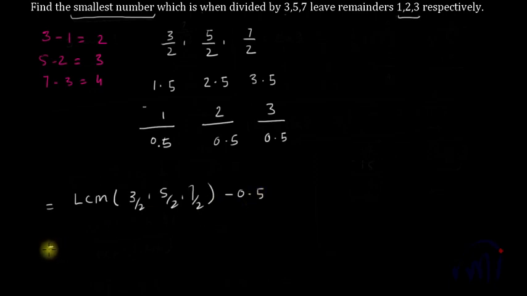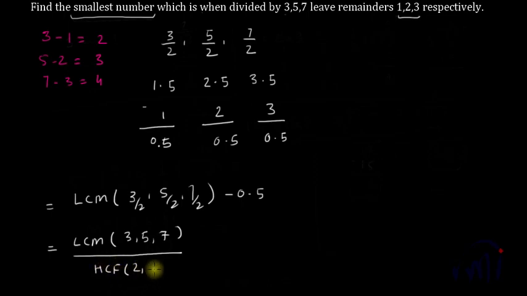And the LCM of the fractions can be written as LCM of numerators, which are 3, 5 and 7 in this case, divided by HCF of the denominators, which are all 2 in this case, minus 0.5.